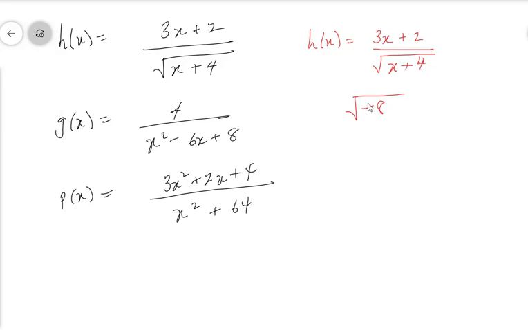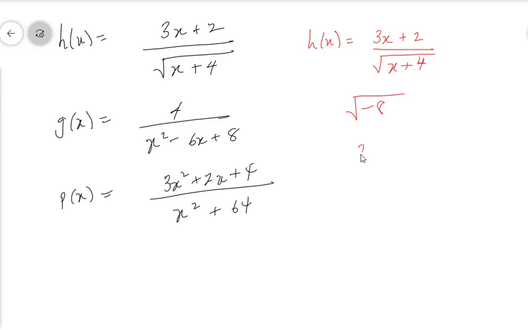So for this to be defined, the radicand, the element under the square root sign, should be greater than 0. It shouldn't be 0, because if this is 0, the entire thing becomes undefined. And if this is negative, the entire thing also becomes undefined.